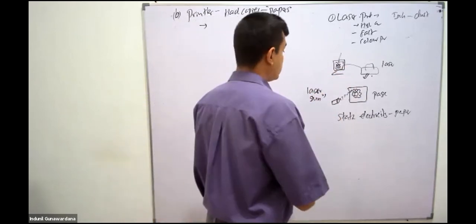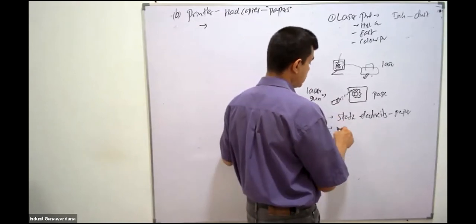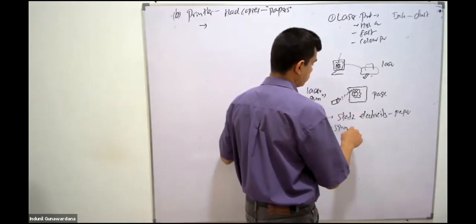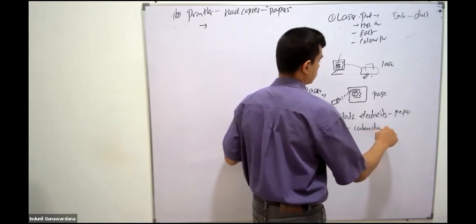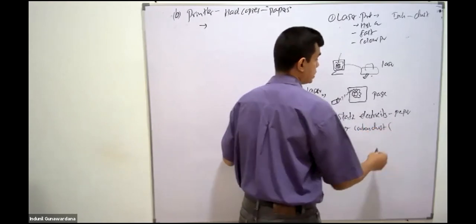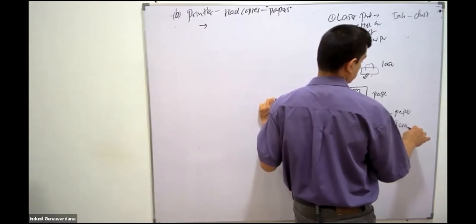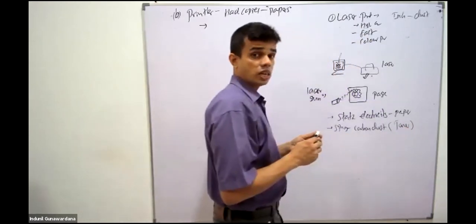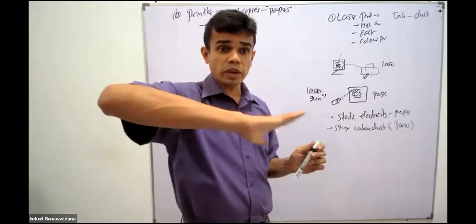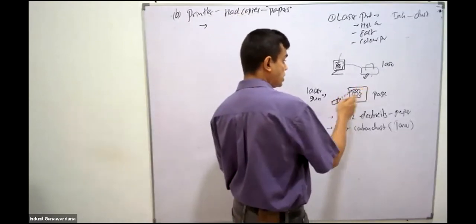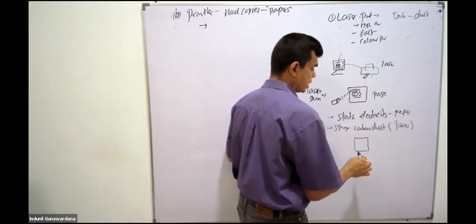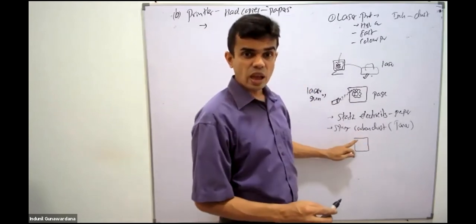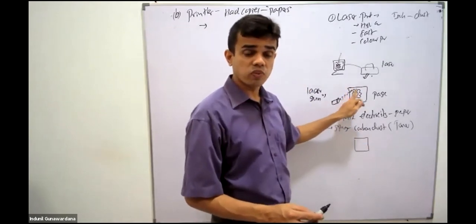Then the next thing it does here is spraying that carbon dust. Technically it's called toner. Tiny carbon dust is sprayed onto the whole paper. Now we don't see this shape or this appearance. Now it has some static electricity made to have the flower.